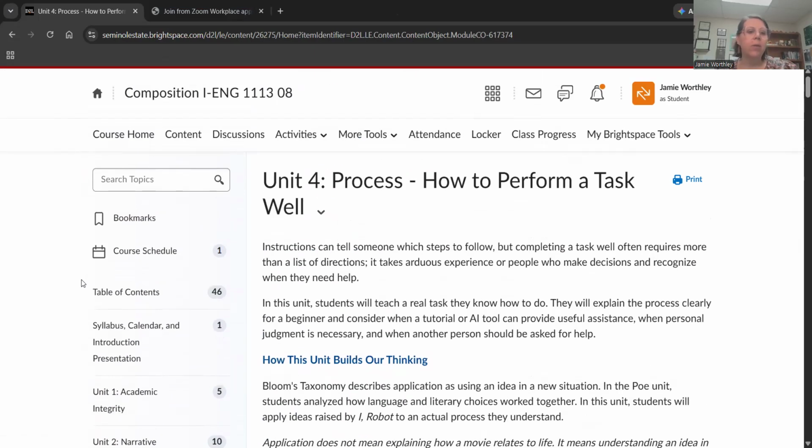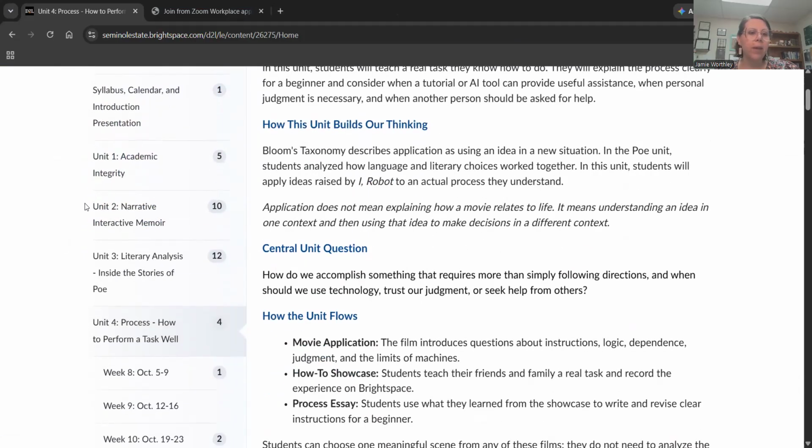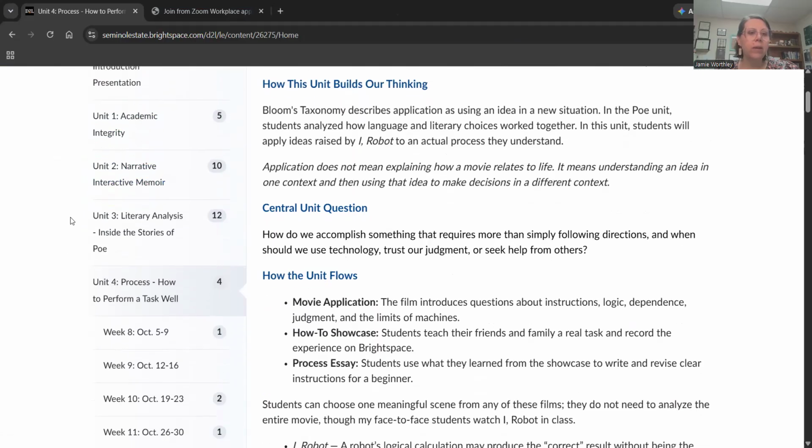So this is how your Brightspace is broken down in content. If you just refresh content, we have Unit 1, Academic Integrity. For 2 weeks, we talk about that. Unit 2, the Multimedia Memoir. We do that for 2 weeks.